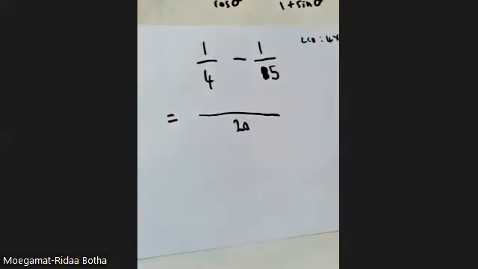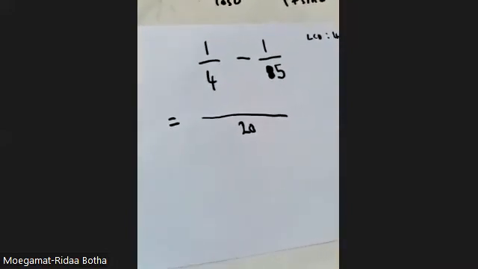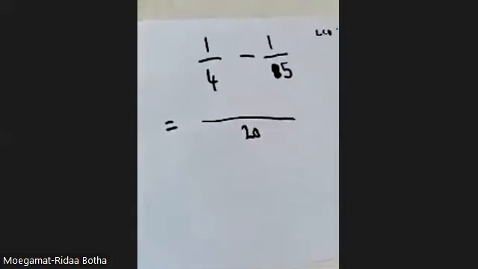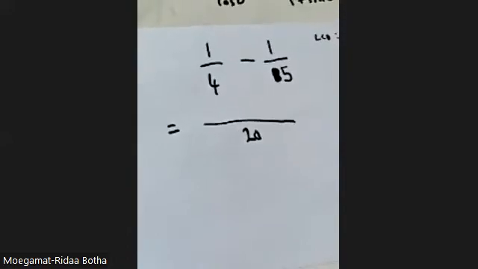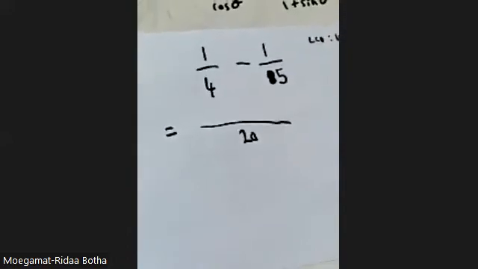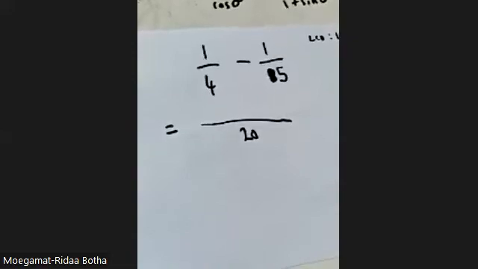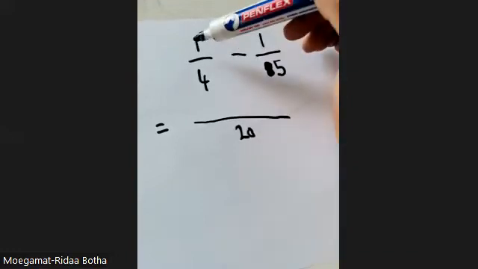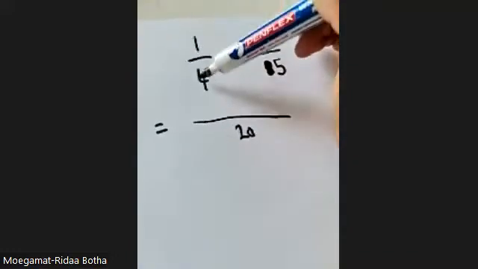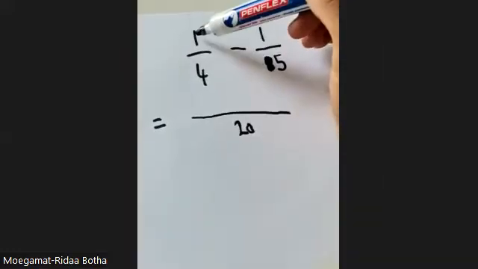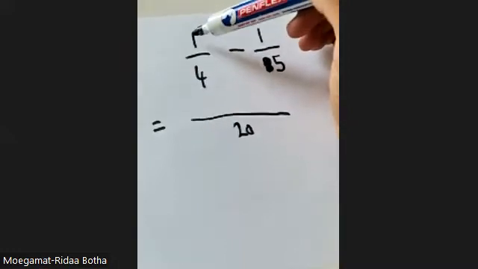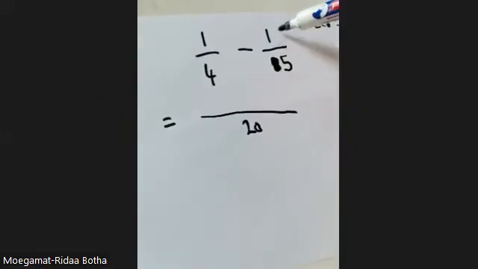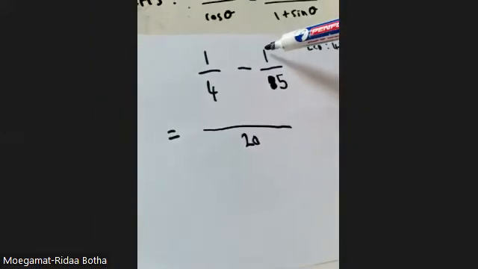So now what next? Multiply the 1 of the 1 over 4 by 5 and the 1 over 5 by 4. No, this one times 5 and this one times 4, for the top.